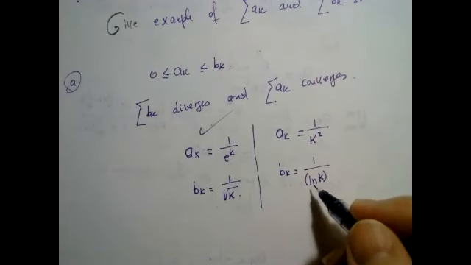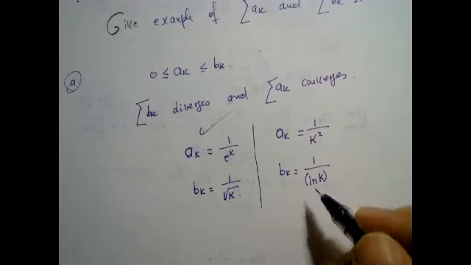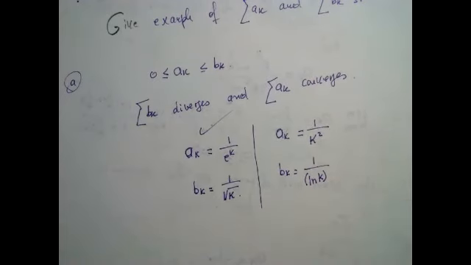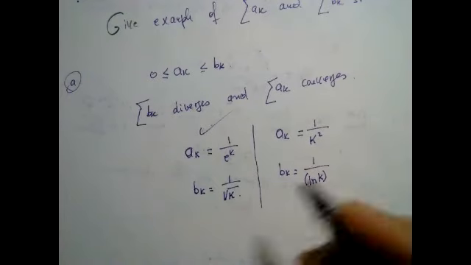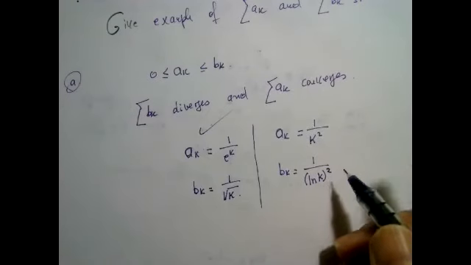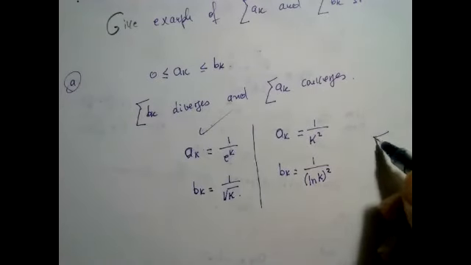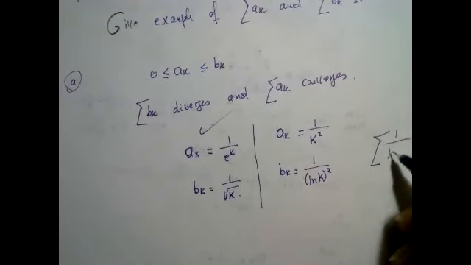But why does this one diverge? This is problematic. You have to show me why it diverges. It's going to be hard.